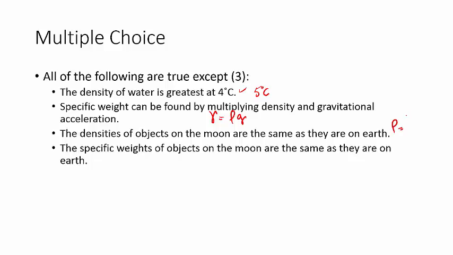Density is mass over volume. The specific weights of objects on the moon are the same as they are on Earth. No, because the specific weight is rho times g, and the acceleration of gravity on Earth is larger than the acceleration on the moon. So this one is the one that is not true.